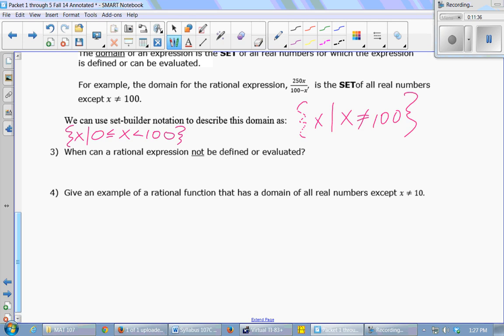So this one is the real life. But if that expression didn't have a story tied to it, if I just gave you that in a quiz with no story and asked you what its domain was, mathematically, the only x value that you can't put in there is 100. So this is what the domain would be if there's no story attached to that expression.